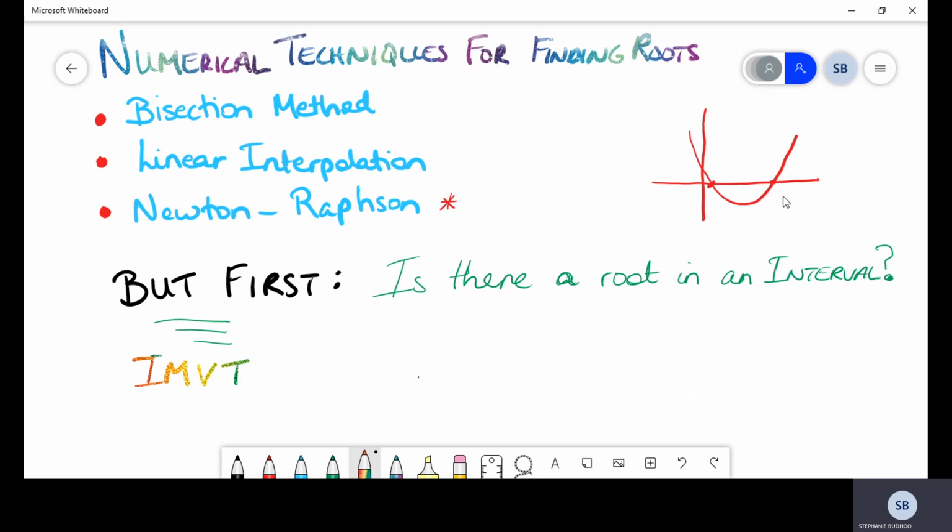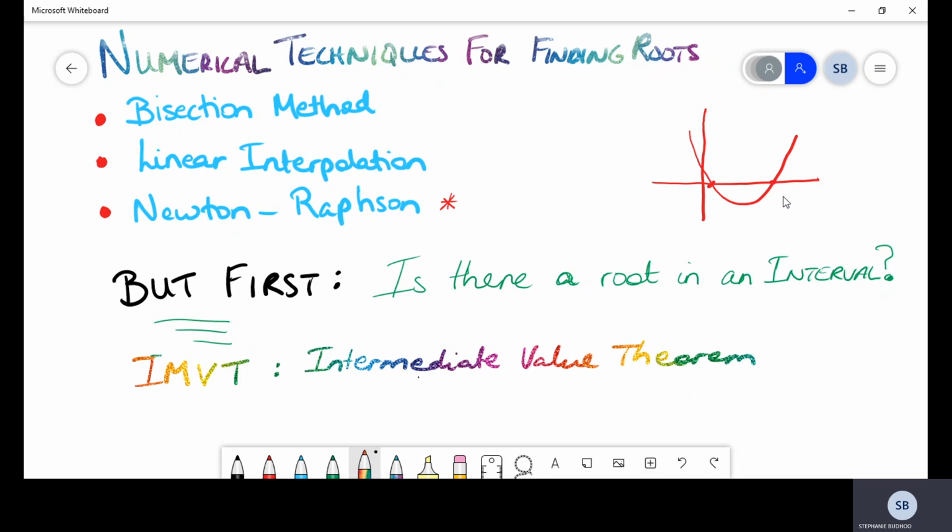The IMVT method is short for the intermediate value theorem. Before you start questions, the first thing they may ask you is to determine if a root exists between a particular interval.